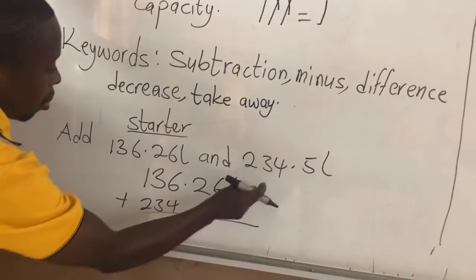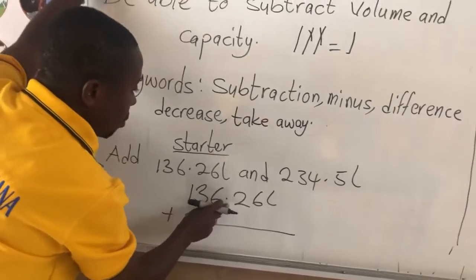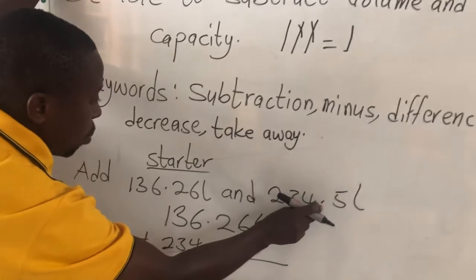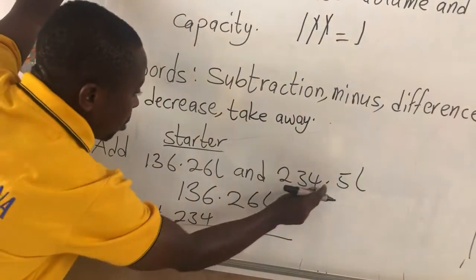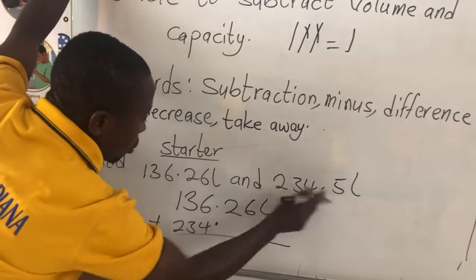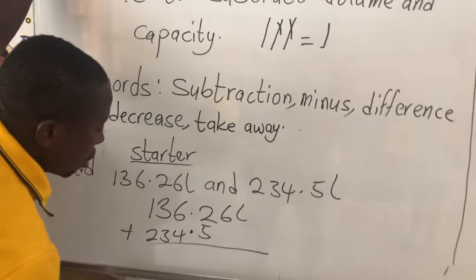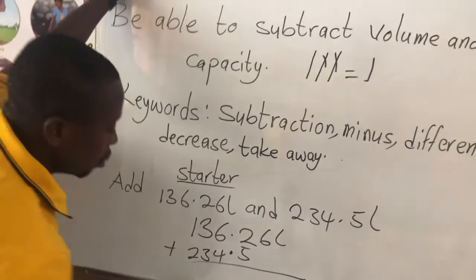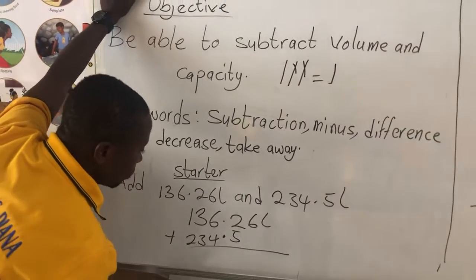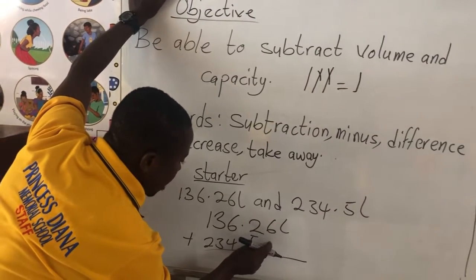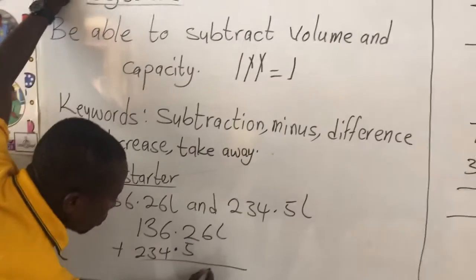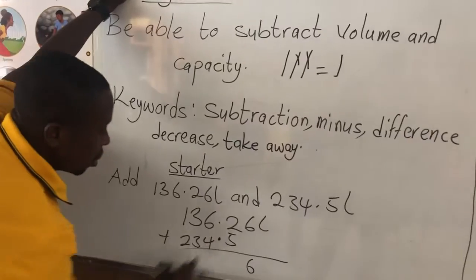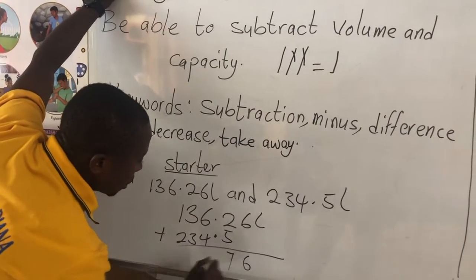In addition of decimals, we know that the point should always be in line. So we bring the point, then we also bring our 5. Now we are adding, starting from the right. There is nothing here, so it's assumed 0. So 6 plus 0 will still give us 6. 2 plus 5 will give us 7.